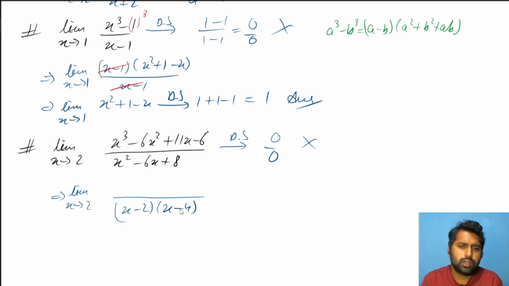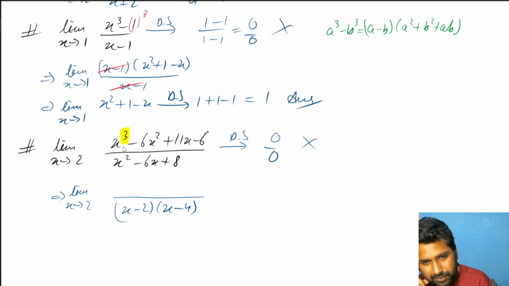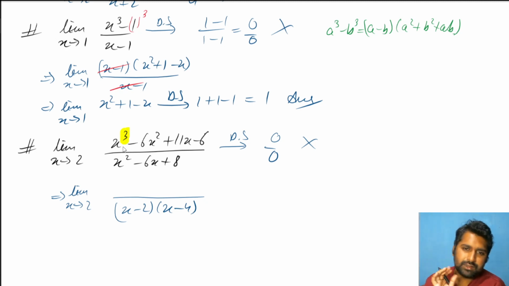Okay. Denominator is not a problem. The problem is because of this cubic. How do you factorize a cubic? Now this is a problem.